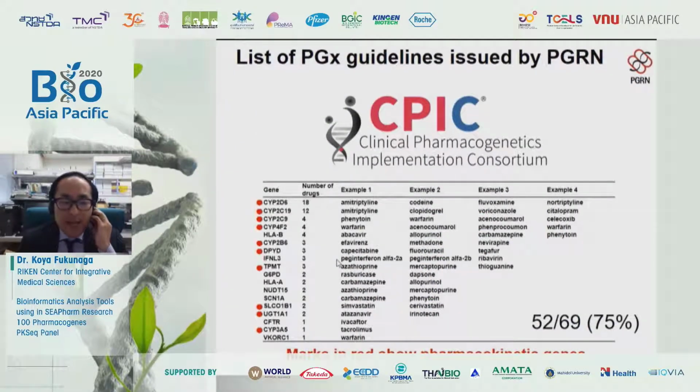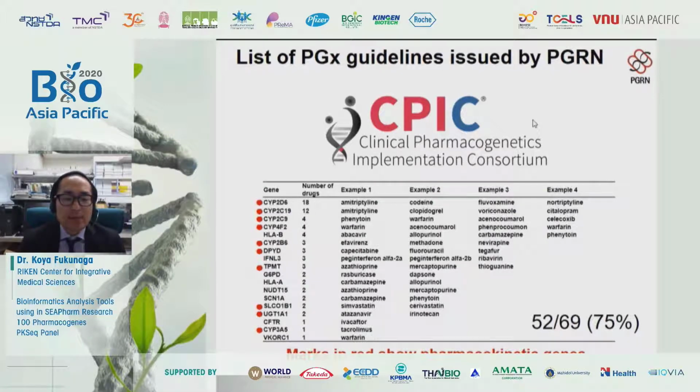Next, the Pharmacogenomics Research Network, PGRN, was re-established in 2015. PGRN carefully considers the guidelines for the clinical implementation of PGx.